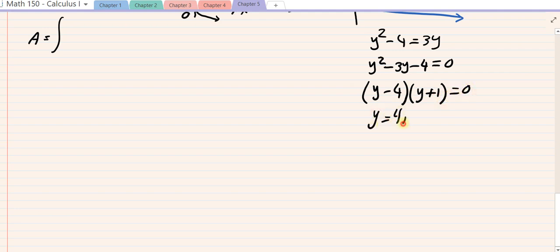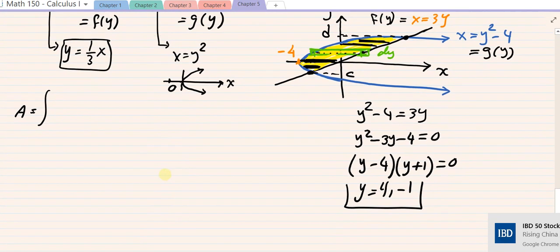So y would be 4 and y would be negative 1. Those are the points of intersection of those two. So c, which is the negative value of y, is negative 1, and d is 4. The upper limit is 4. So the limits of integration will run from negative 1 to 4.